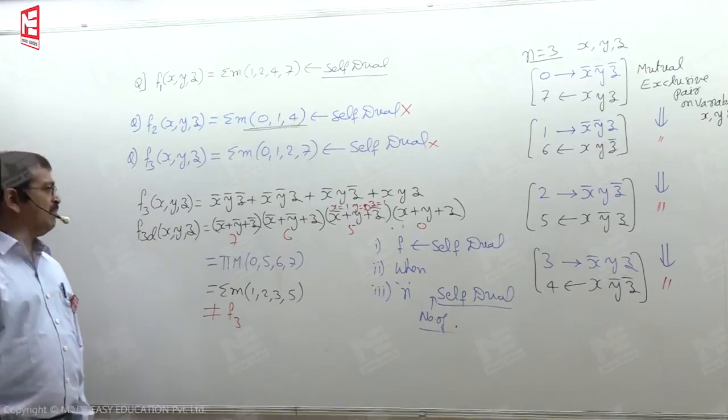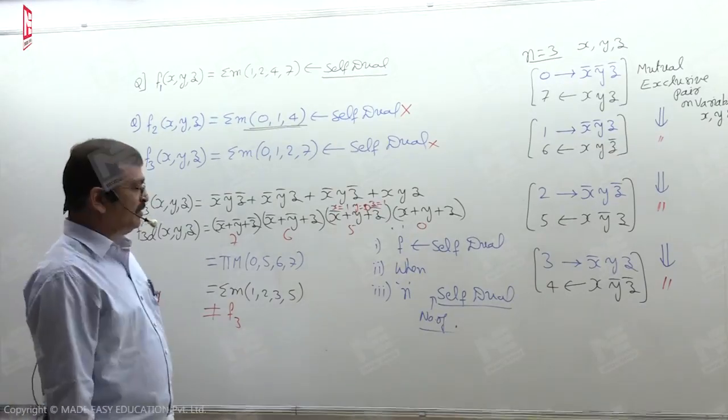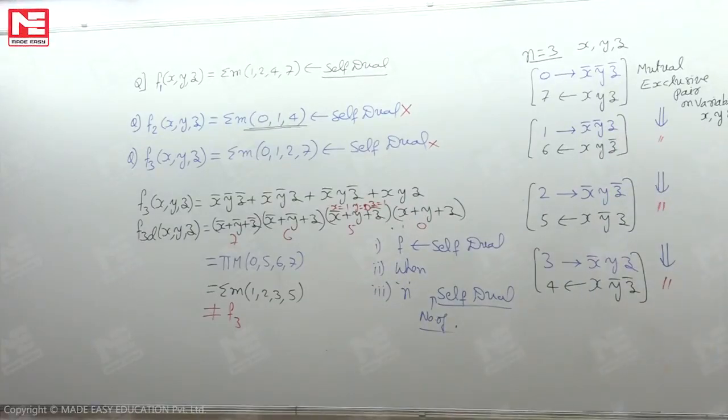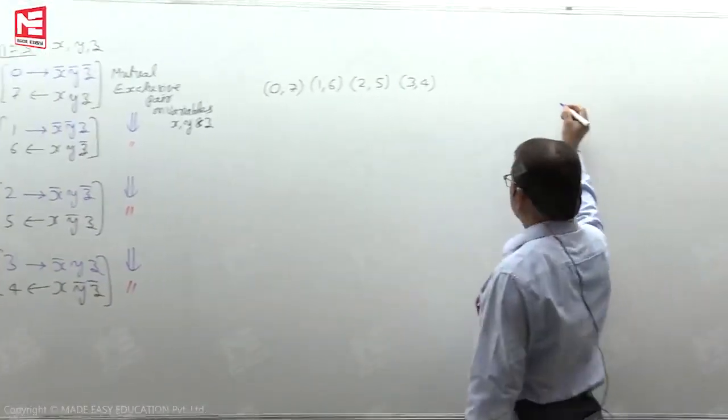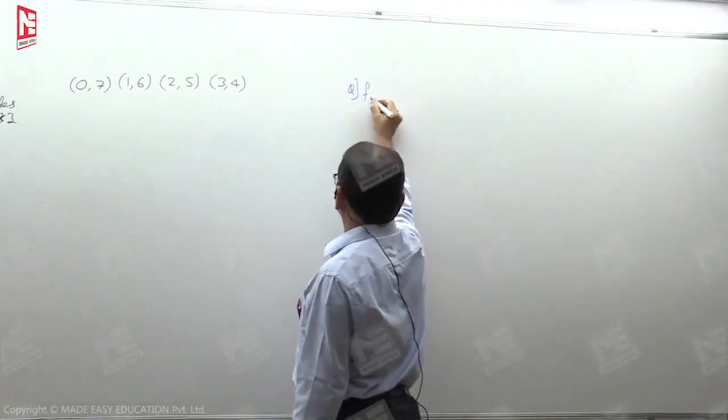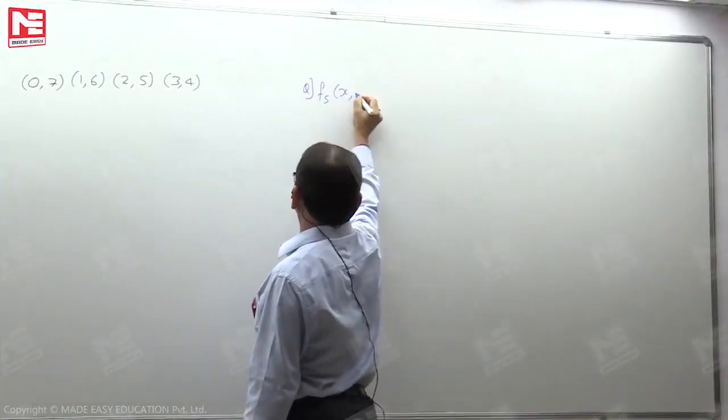So let's try one more example. Let's take the question as F5, with the same variables x, y, z.